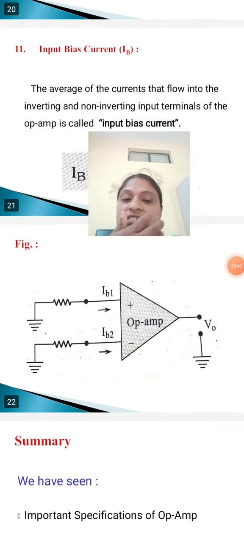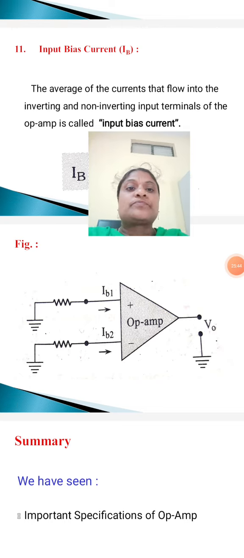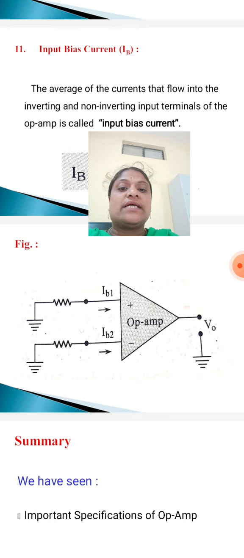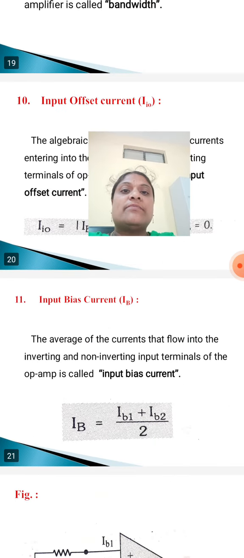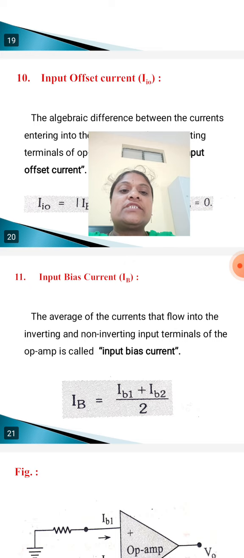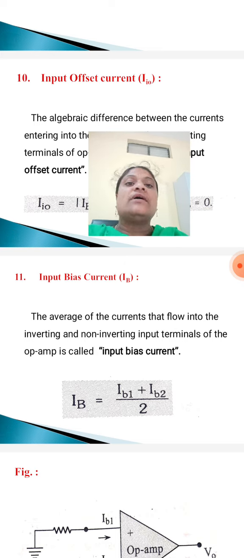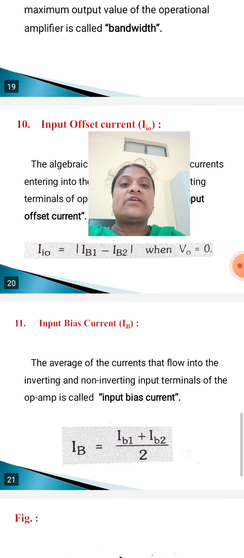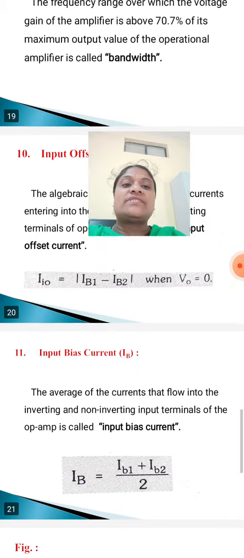Next question: write short notes on input bias current. And next: define input offset current and write the equation of input offset current.